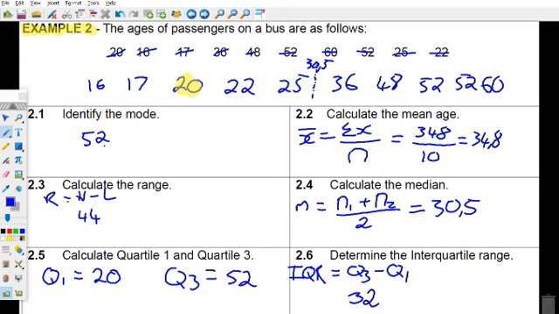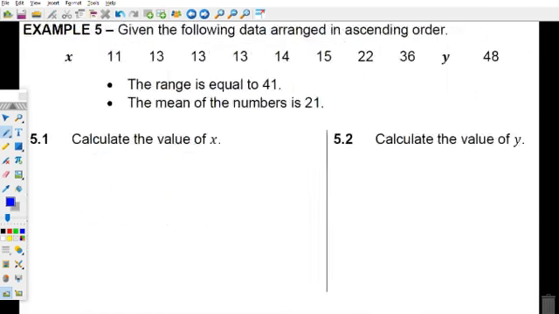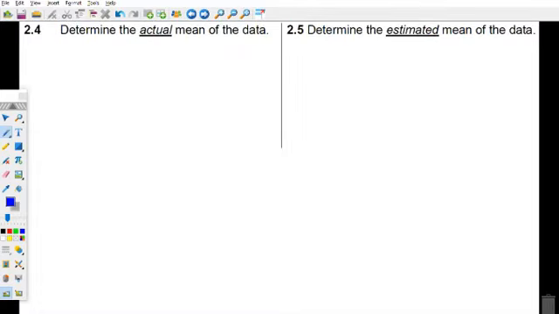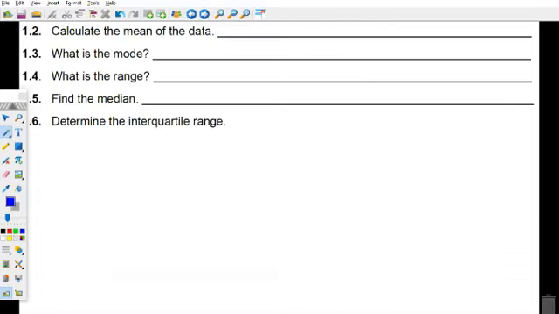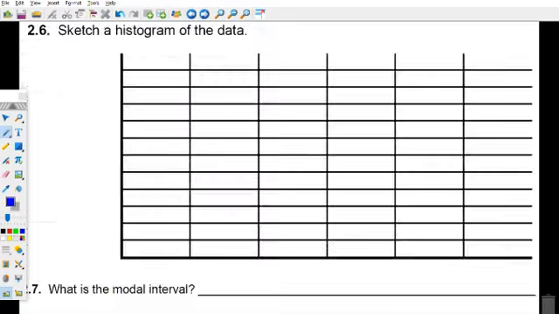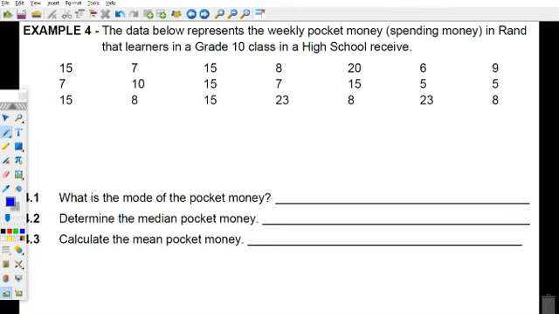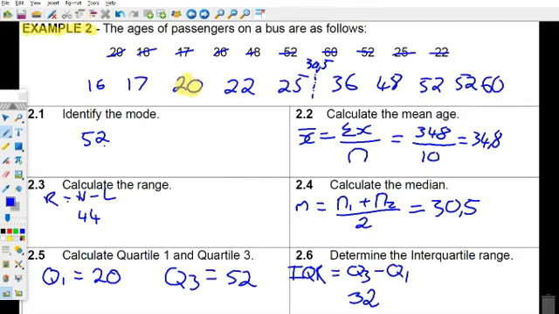Because what are we doing here? We're leading towards something. Let's see if I can find it quickly. I don't think you do it now in grade 9. Okay, no, you don't do it in grade 9. But there's something called a box and whisker diagram. Have you heard of that before?